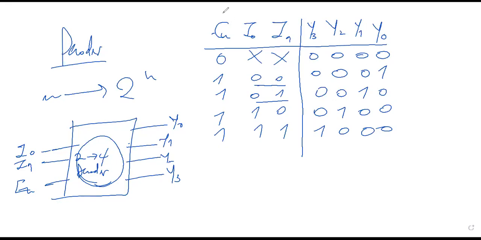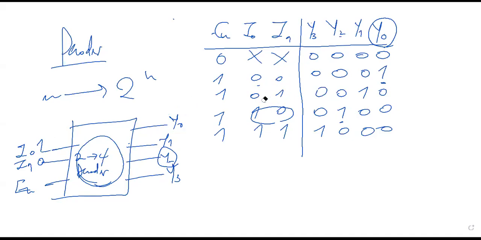So if I have a 0 0 here, only Y0 will be selected. If I change to 1 0 here, only Y2 will be selected.